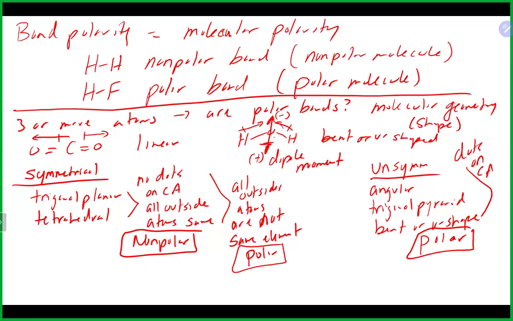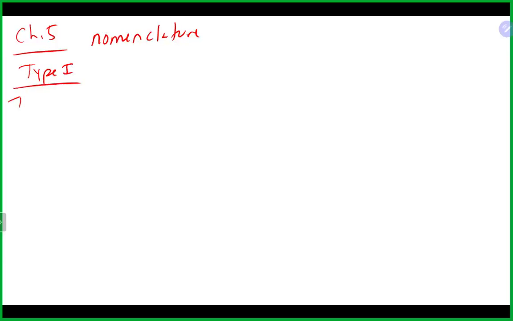We then went backwards, I think, and went back to chapter 5. In chapter 5, we talked about nomenclature and naming, and talked about a couple different types of naming. We had type 1, which is an ionic compound, and that means it's a metal and a non-metal, so we have a cation and an anion happening.